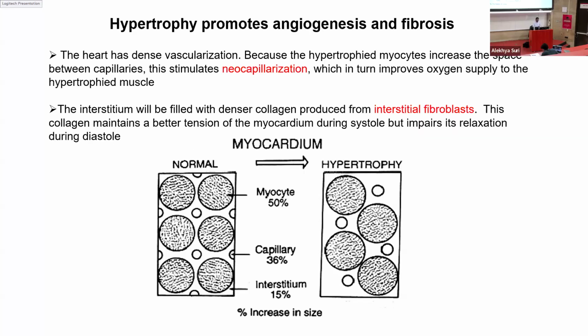If the hypertrophy is not treated properly, you'll undergo the maladaptive process, and in this entire process, the angiogenesis and fibrosis will go up, collagen production will go up, and you will see cell death, apoptosis and necrosis. Depending on the type of stimuli, myocardial death will occur and lead to heart failure.